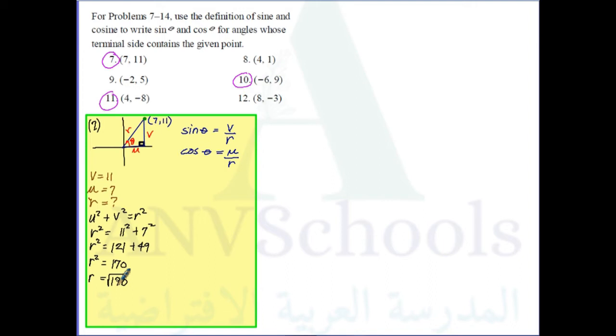So what is our sine theta? Sine theta is equal to v over r, and our v is 11, over r, which is the square root of 170.